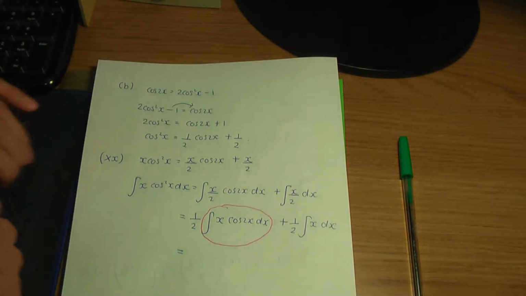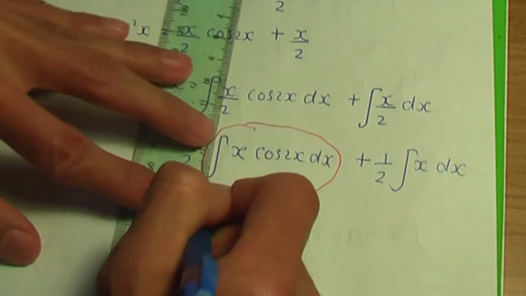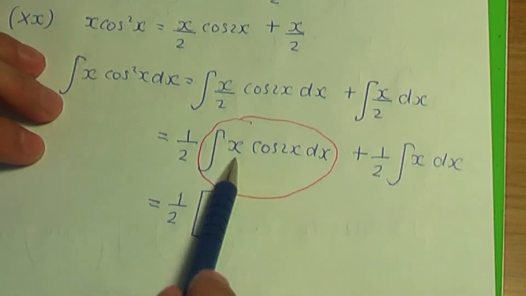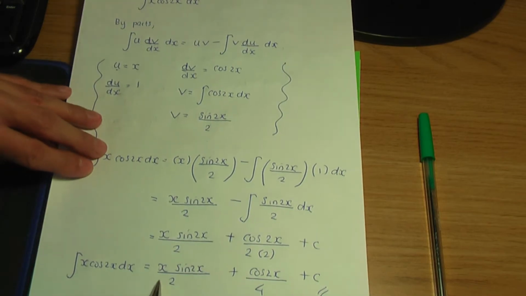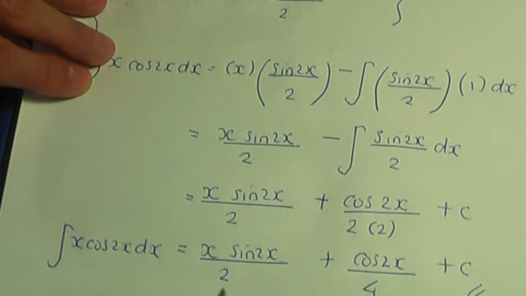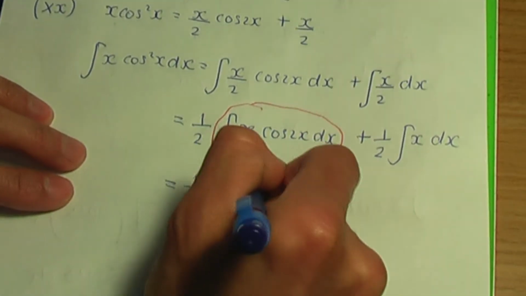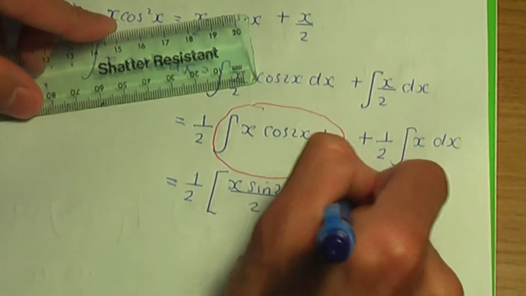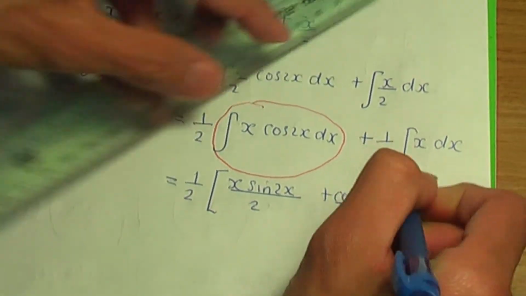So let's put this together. We have half. Let me keep that half outside, and let's use a bracket just to be safe. When we integrated x cos 2x with respect to x, here is the solution: x sine 2x over 2 plus cos 2x over 4. So let's copy that down: x sine 2x over 2 plus cos 2x divided by 4.